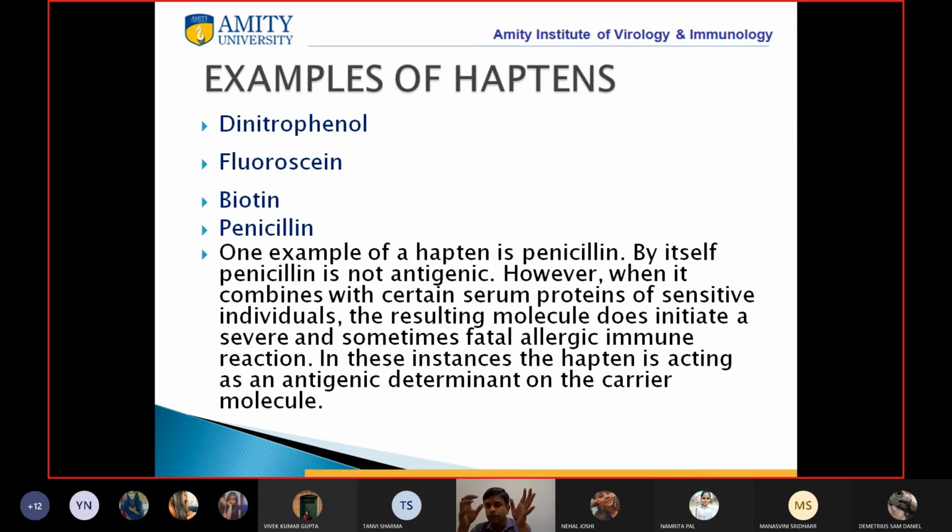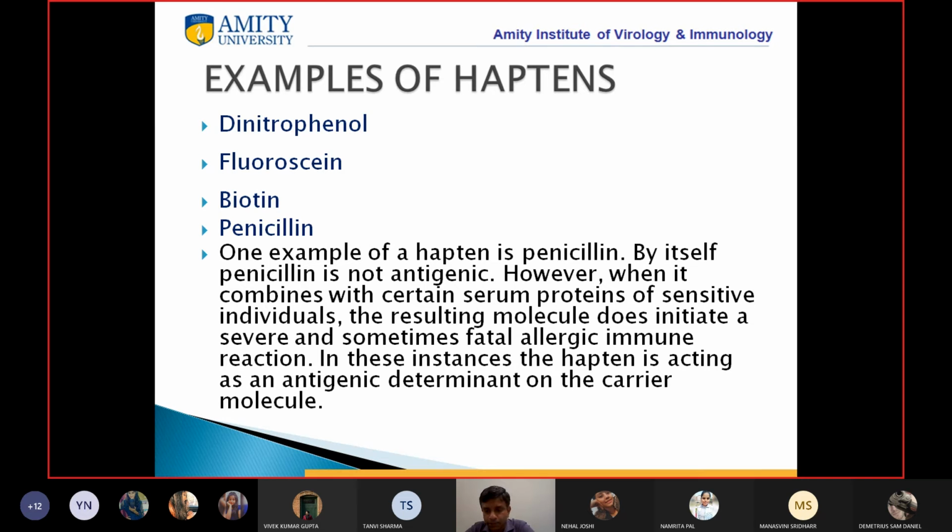This point is clear. So if you're injecting penicillin, it should do its work of killing the bacteria, and it should not lead to generation of antibodies, right? But sometimes in some individuals, okay, we will talk about why some individuals, right?